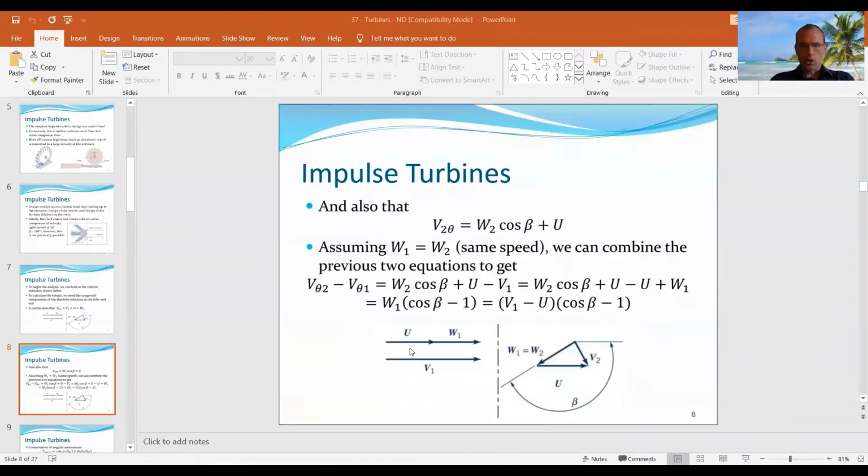All right, so try that again. V1 is U1 plus W1, so when I subtract V1, I should subtract U1 and W1. So this should actually be a minus sign.